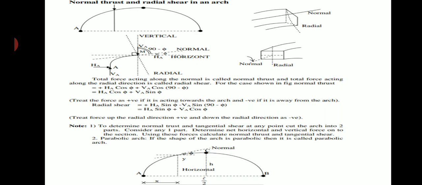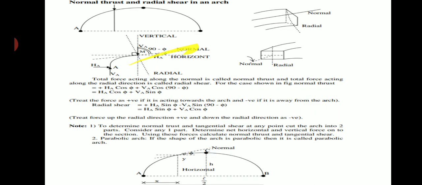Then the normal force is a normal projection. The dotted line along the inclined axis represents the x and y axes of the arch rib. HA represents the horizontal reaction, and VA represents the vertical reaction here.